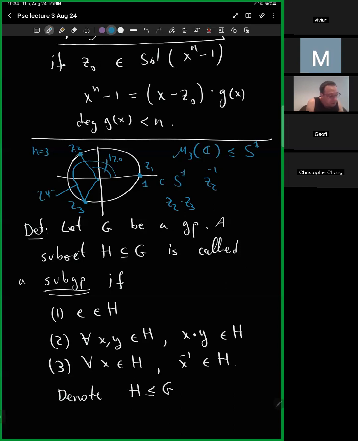So indeed, when I do Z2 times Z3, I get 360 degrees, which is 0, I mean 0 degrees. So this corresponds to 1. So we can say that Z2 to the minus 1 is Z3. Okay.